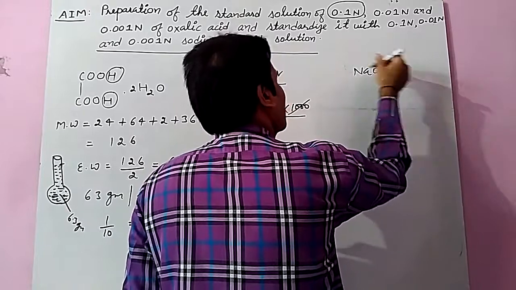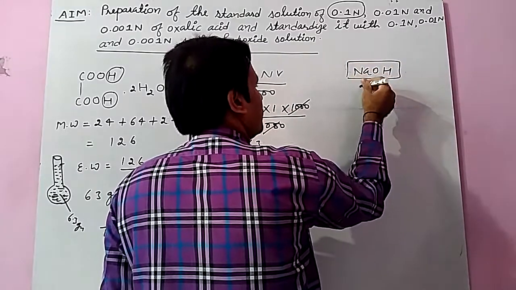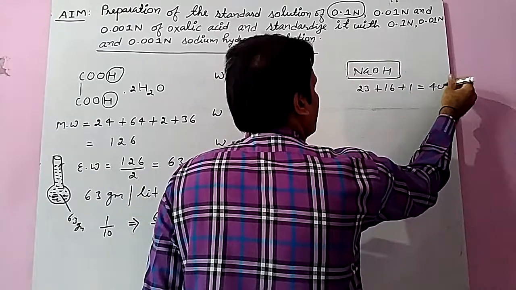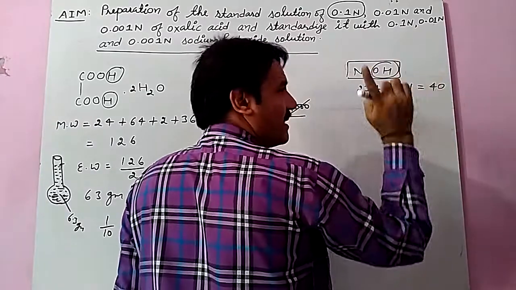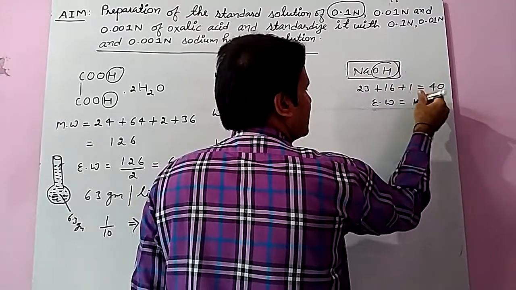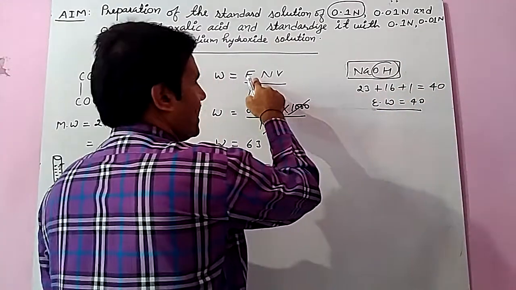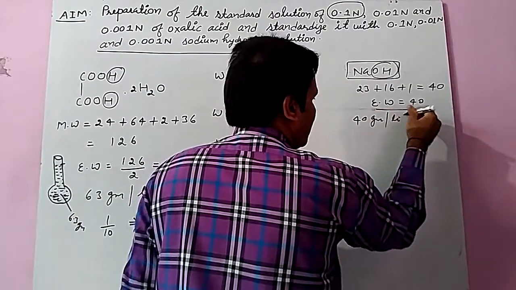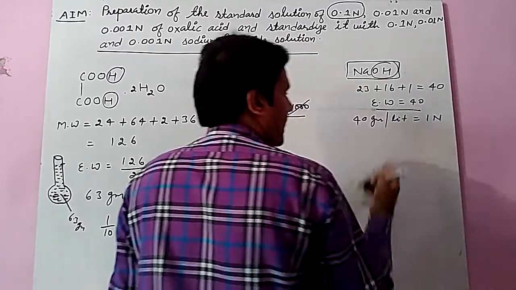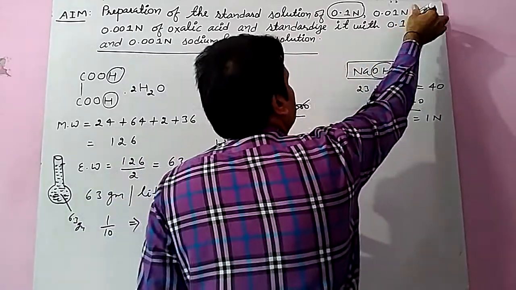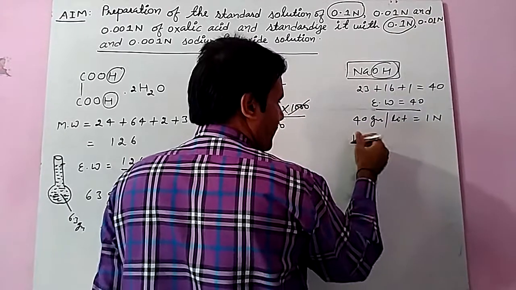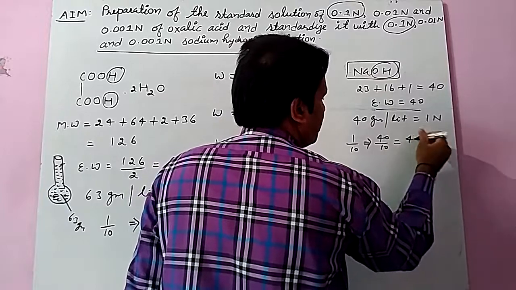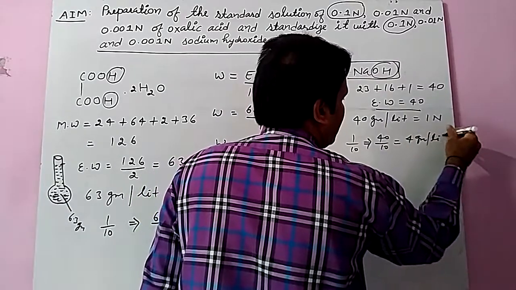In case of sodium hydroxide, sodium 23 plus oxygen 16 plus 1, that is 40. Here only 1 OH, it means divided by 1, so the equivalent weight is equal to 40. Apply the same here. It means 40 gram per liter if that is 1N. If you prepare 0.1N, 40 divided by 10, that is 4 gram per liter.